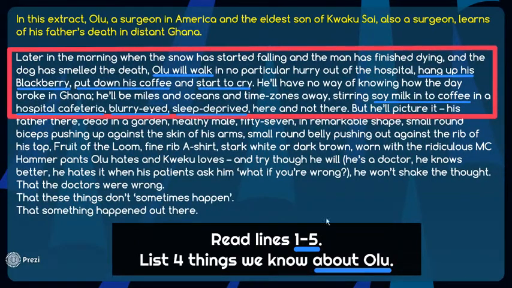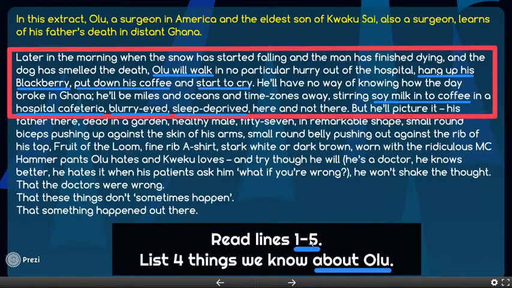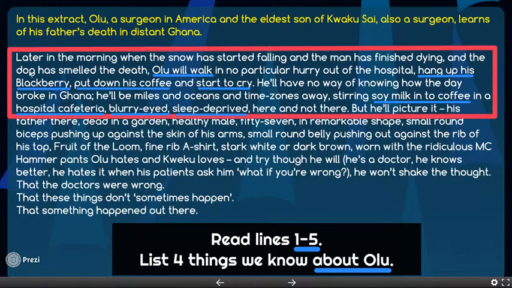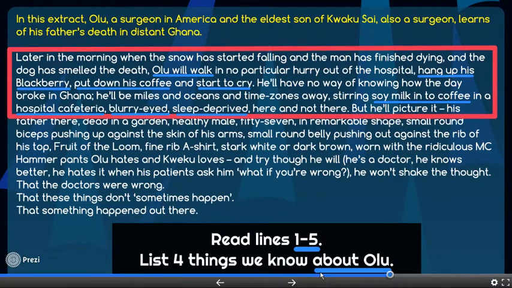Okay, so hopefully within the question you will have identified these key bits. In this case, you needed to only look at lines 1 to 5 and also note that you were being asked about the character of Olu. So hopefully you will have drawn a box around lines 1 to 5, and then within that box you will have selected information, specific words and phrases which are directly about Olu, so keeping it really tight about that question focus.